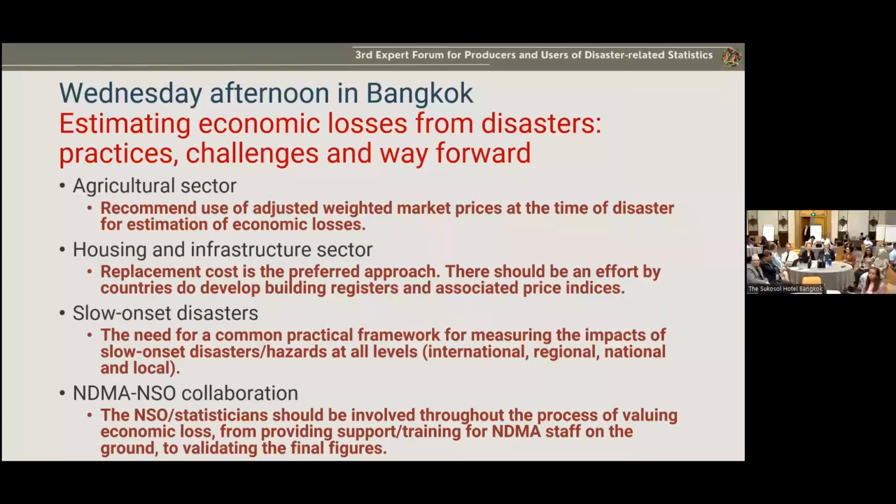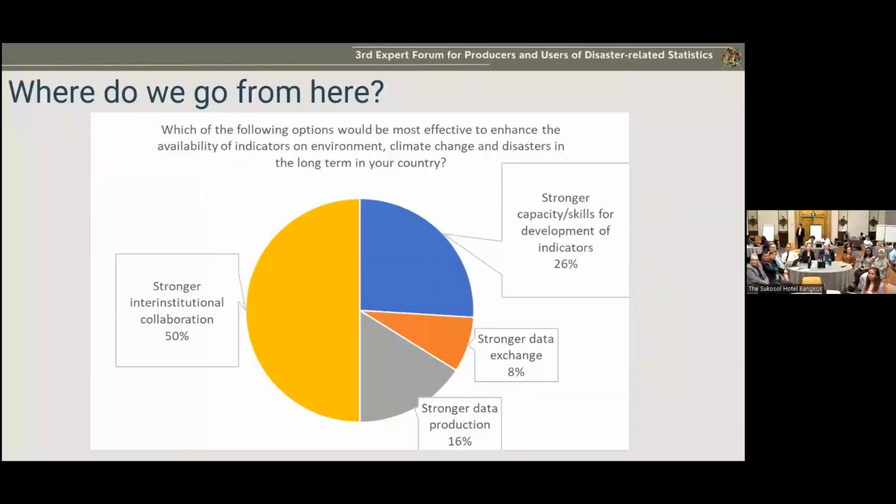And next slide, please. So we want to share with you the general result of our survey. So there is the highlighted question of the forum: where do we go from here? Which of the following options would be most effective for enhancing the availability of indicators on environment, climate change, and disaster in the long term in your countries.